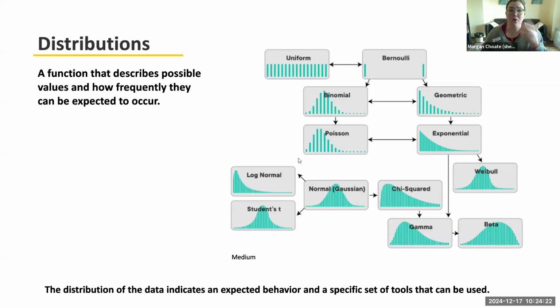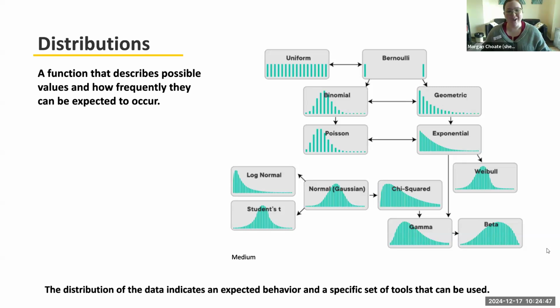I mentioned ANOVA being really complicated before. That anticipates normality as well. And there are specific tests that you can use with these other distributions, but the big key thing is distribution indicates your expected behavior of your data and what exactly you can use, because some things just aren't going to give you the results that you need.